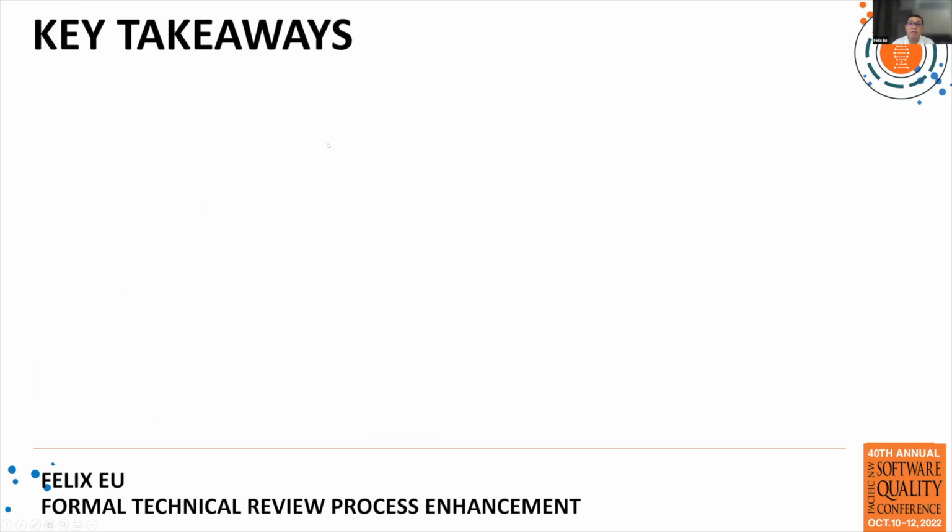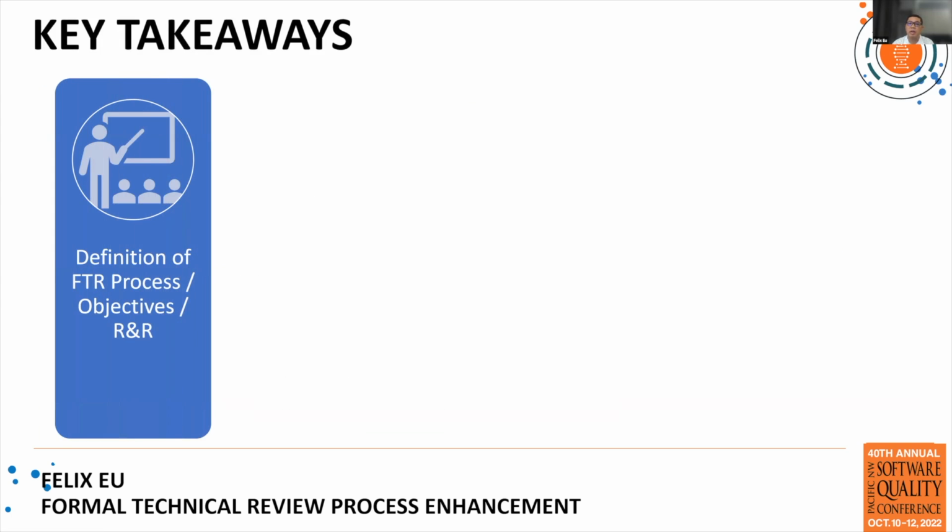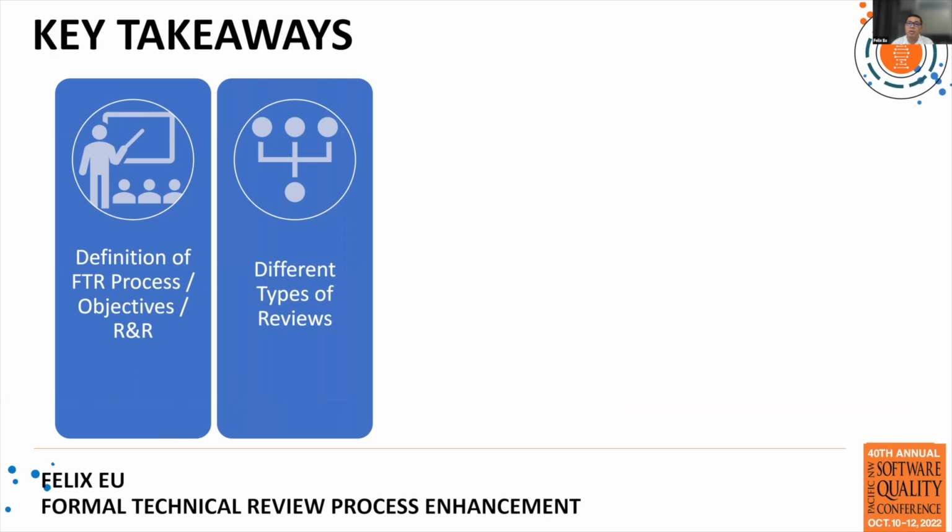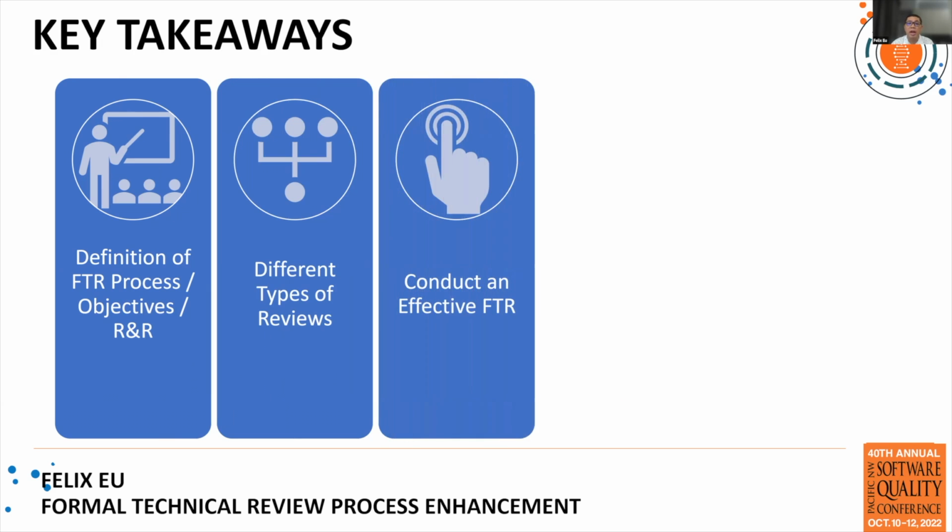These are the few key takeaways from this topic. You understand what the FDR process is and its importance, and are able to define the FDR objectives and role and responsibility. You also get to know the different types of review, including the formal review, and learn how to conduct an effective FDR.